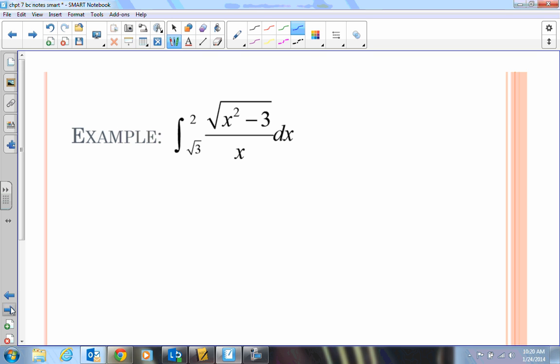To get a trig substitution, I first find my u and my a. Is that okay?